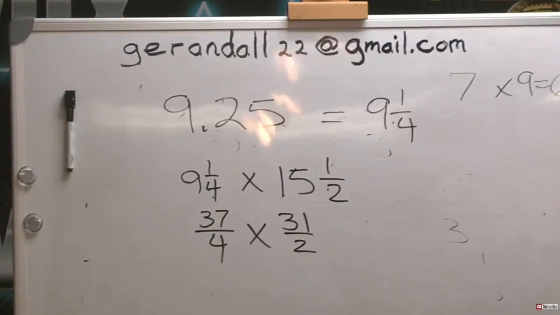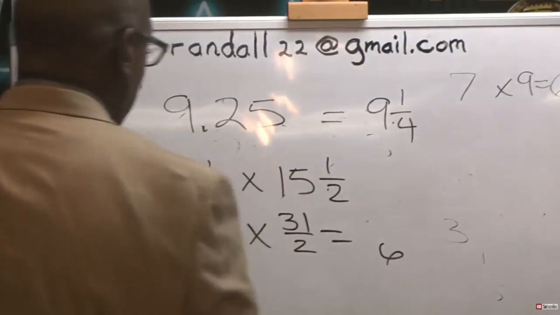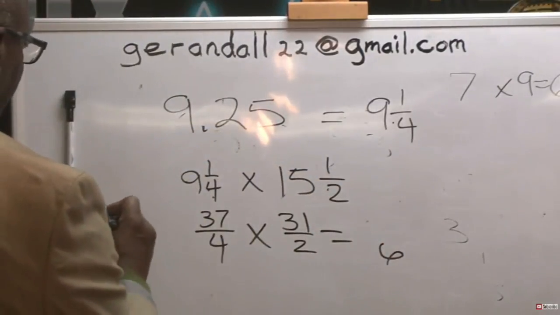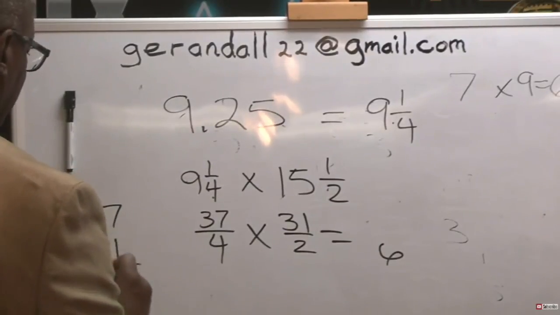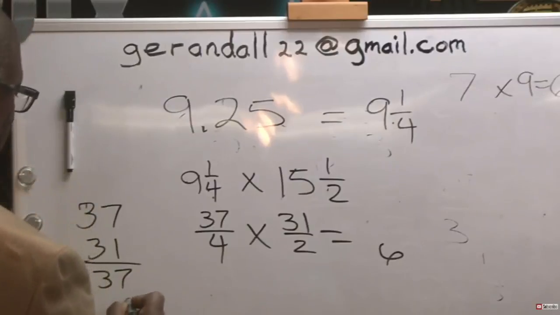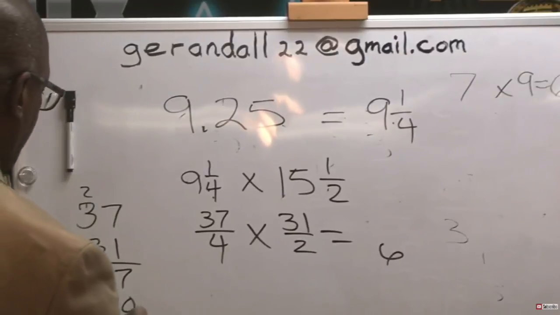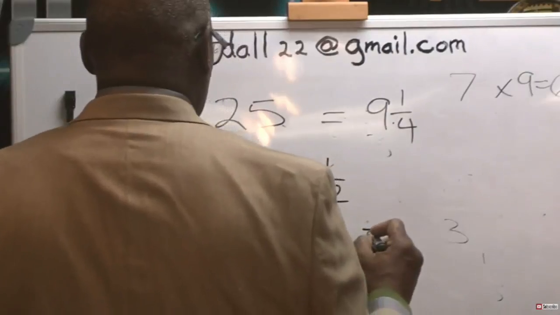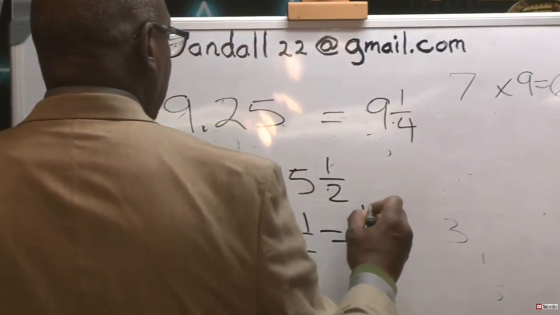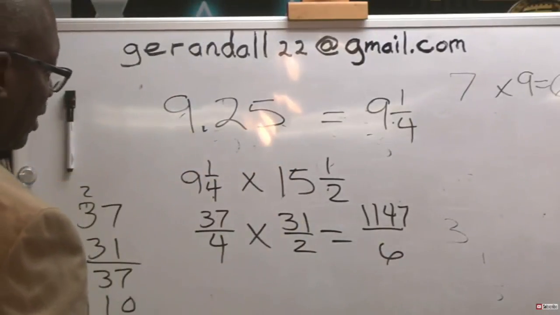So we have here, denominator is 8, and then we have to do some multiplication. 37 times 31 is 1,147 in the numerator, divided by 8.